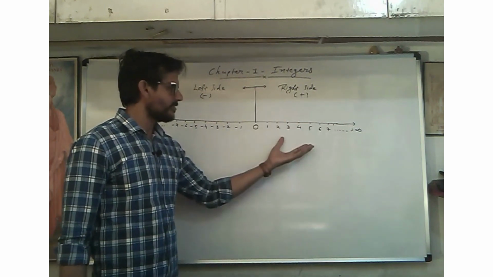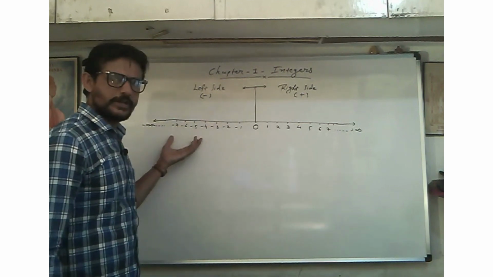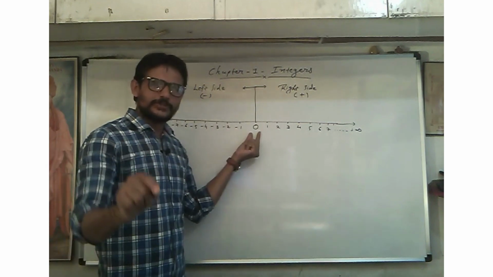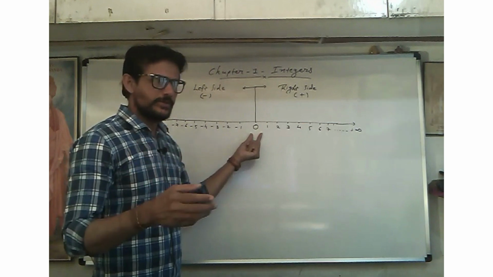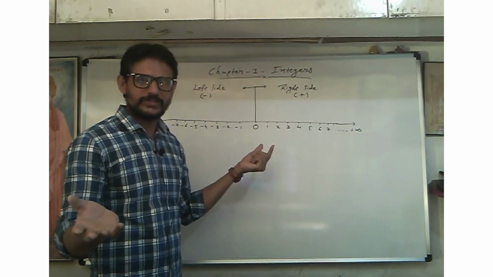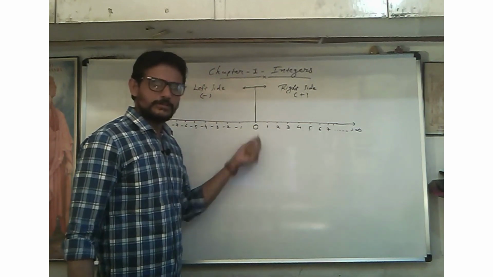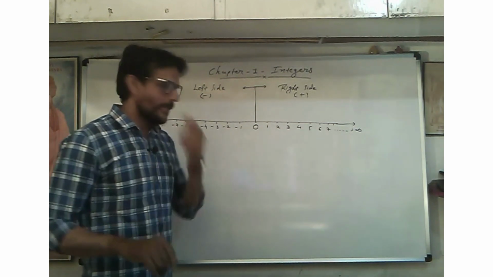Positive numbers are integers, negative numbers are integers, and 0 also is an integer. 0 is not minus, is not plus. It is not a negative, it is not a positive. 0 is a neutral number. Clear?